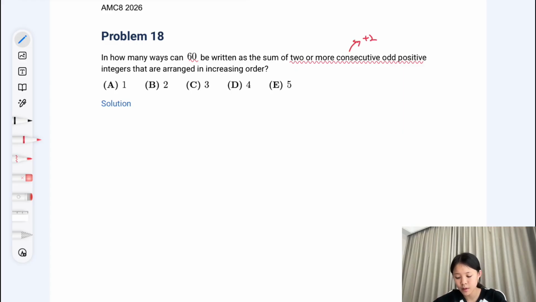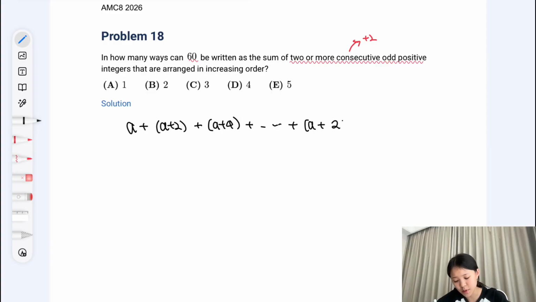of +2. So if you write that out as an arithmetic sequence, you would have a as the first one, and then a plus 2, and then a plus 4, and so on, until you would eventually reach a number which is a plus 2 times n minus 1, where you have a total of n numbers in total, right?